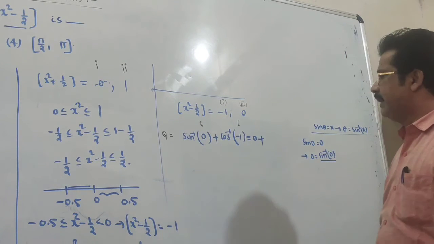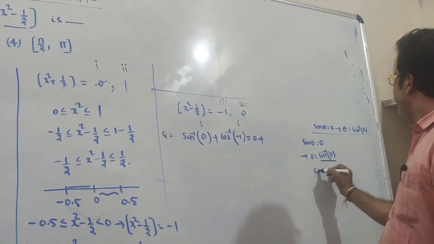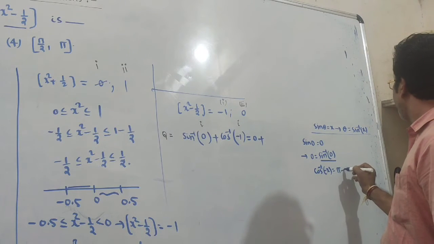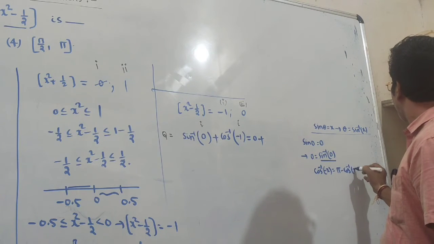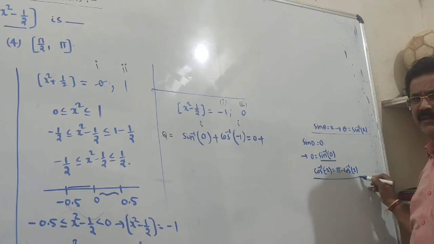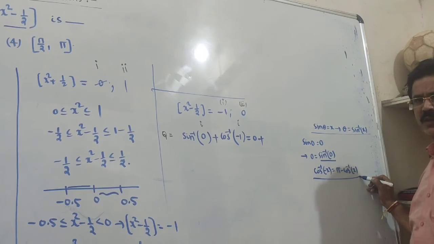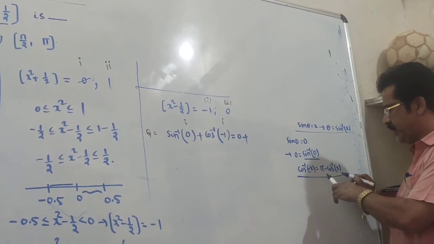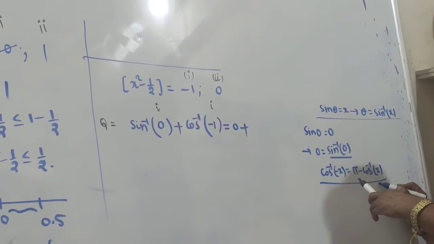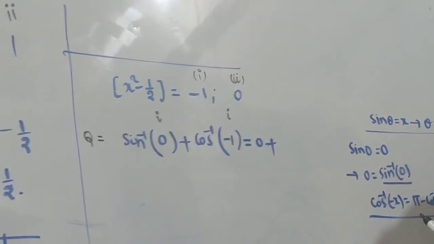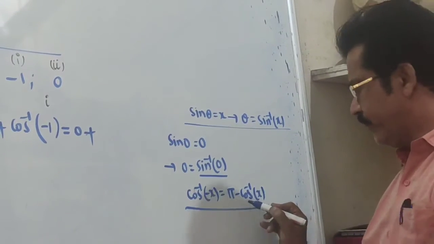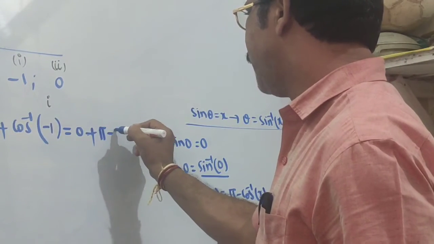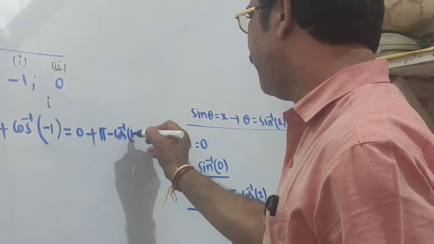Next, cos inverse of minus x is equal to pi minus cos inverse of x. This is the formula in inverse trigonometric functions. So cos inverse of minus 1 is pi minus cos inverse of 1.